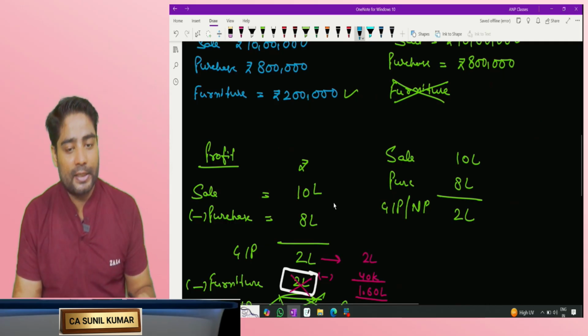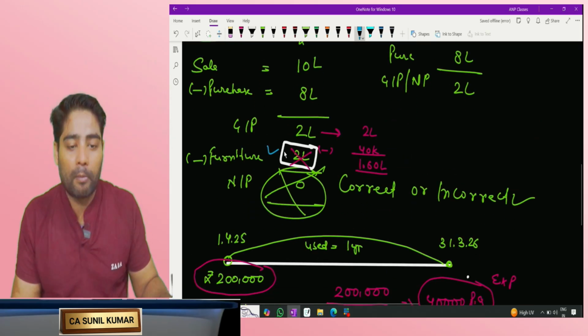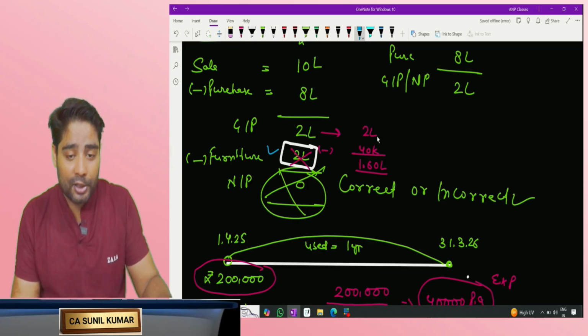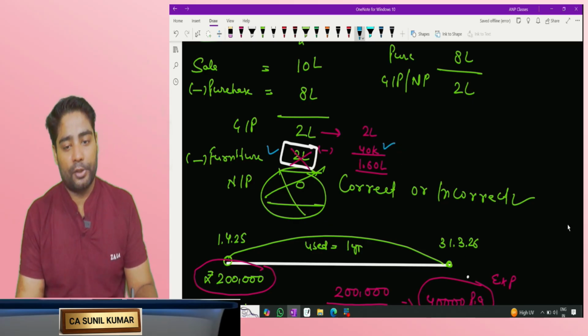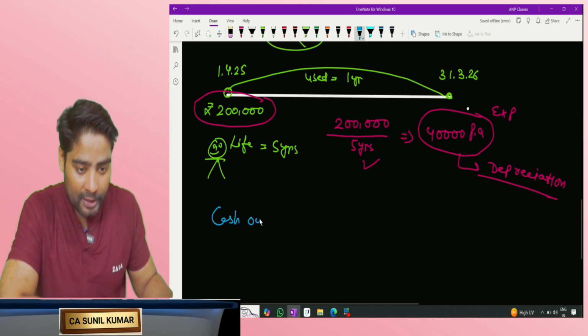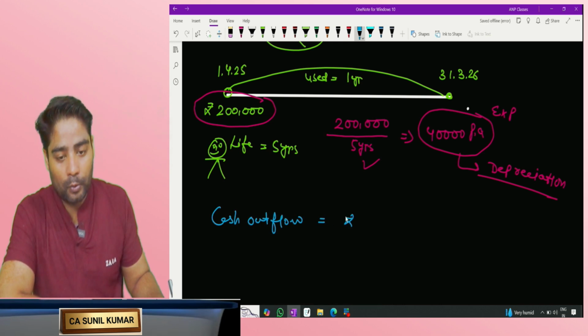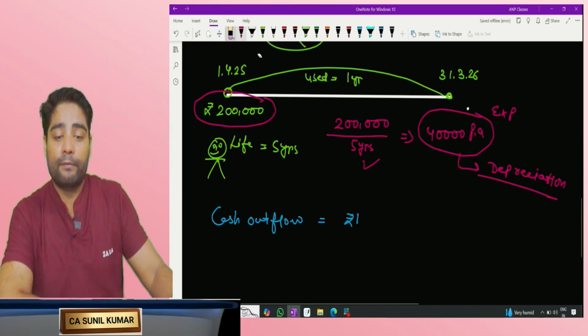Now the question arises, sir, why we are doing that? Why we are not writing the whole amount of 2 lakh, but we are charging only 40,000 as depreciation? Because the cash outflow is rupees 2 lakh.